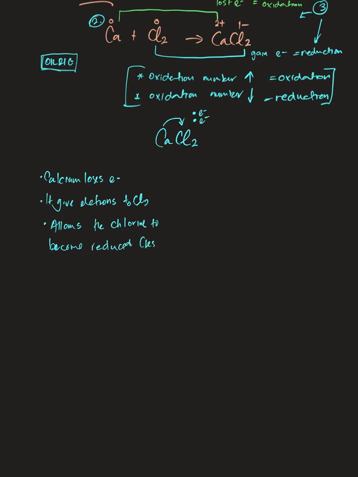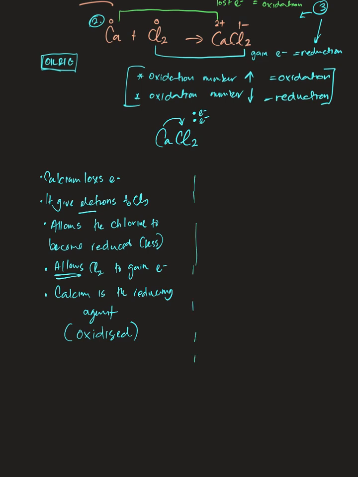So it's going to become less. Now, by giving electrons, it allows the Cl2 to gain electrons. By doing that, allowing it to become reduced, we can say that calcium is the reducing agent, and that calcium was oxidized.